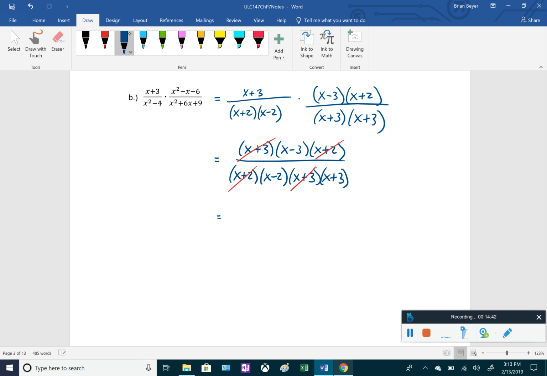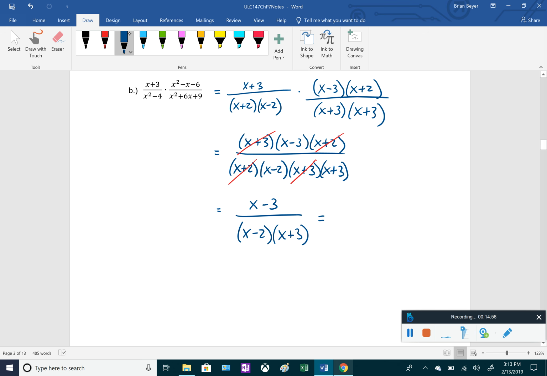So we're going to have x minus 3 in the numerator divided by (x minus 2)(x plus 3). And I'm just going to FOIL out that denominator. It doesn't matter. Once again, you could leave it as is. It would FOIL out to x squared plus x minus 6, it looks like.